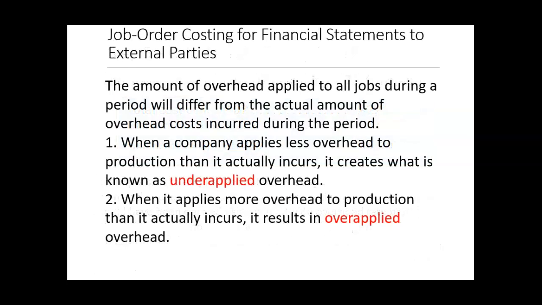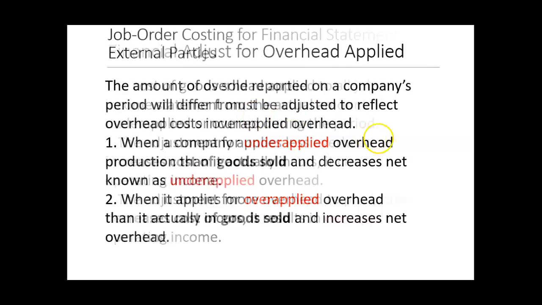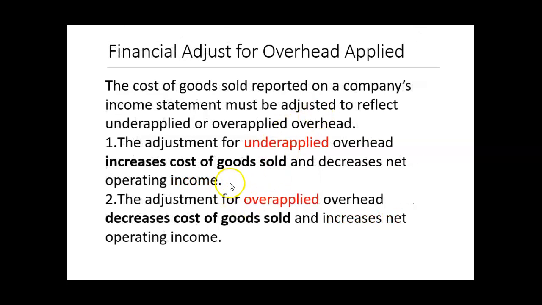What we're saying now is that if the overhead applied was underapplied, I'm going to assign the additional overhead cost to the cost of goods sold account to make sure that account is now accurate. Or if the amount of overhead applied was more than what it should have been, I'm going to decrease the cost of goods sold, which again is an expense account that's going to be shown on the income statement.